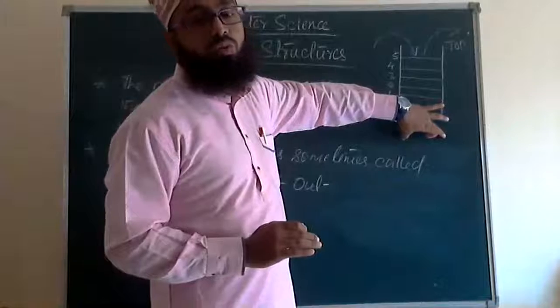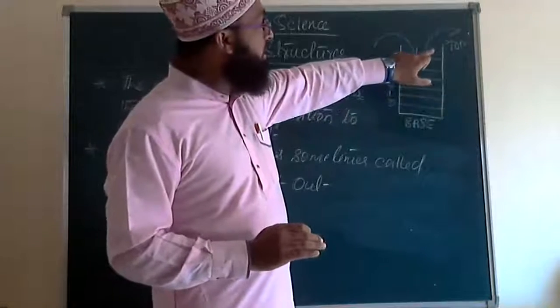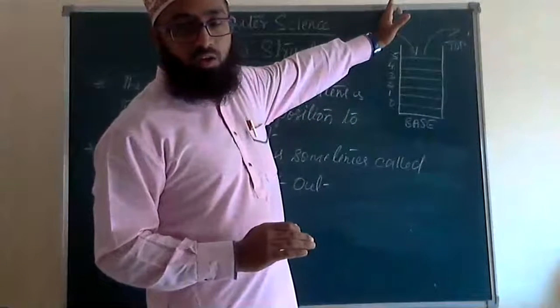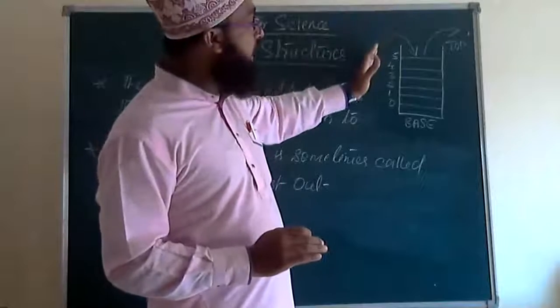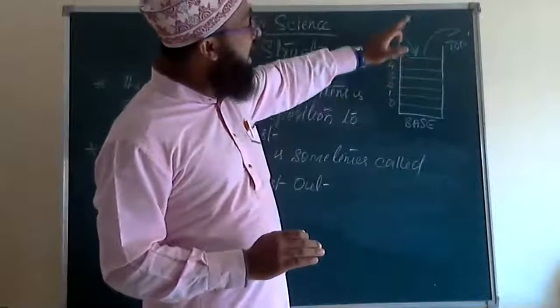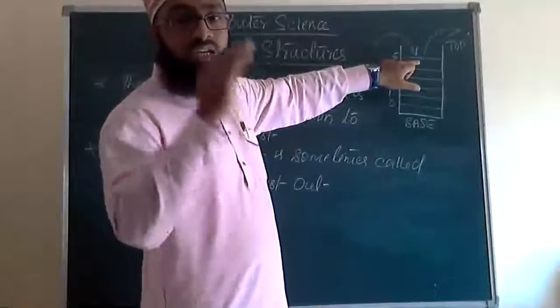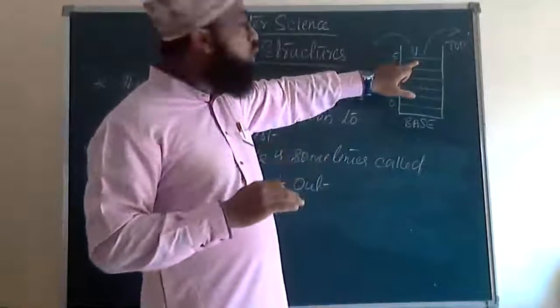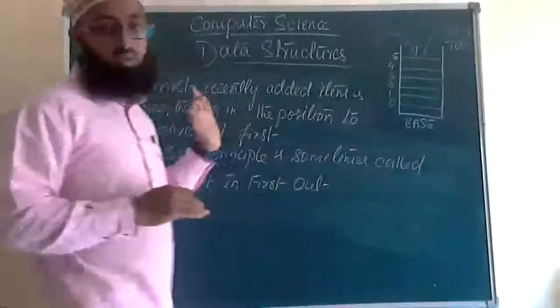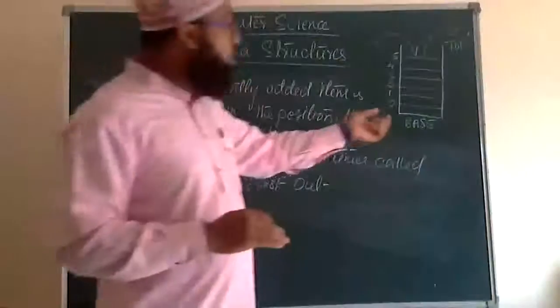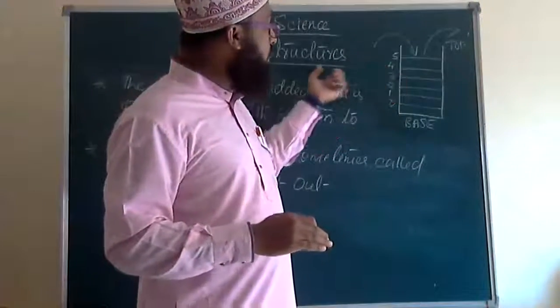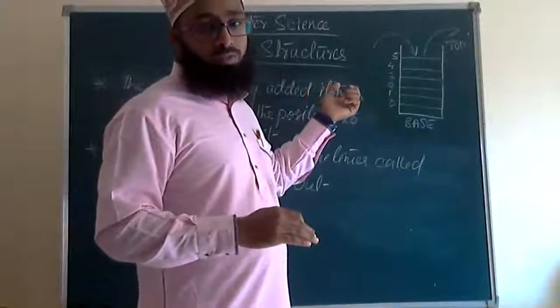Think that this door is closed. The top end is open, so the item which is inserted last into the stack should be removed first, only that item. If you want to remove an item from the bottom or from the middle, it is not possible.